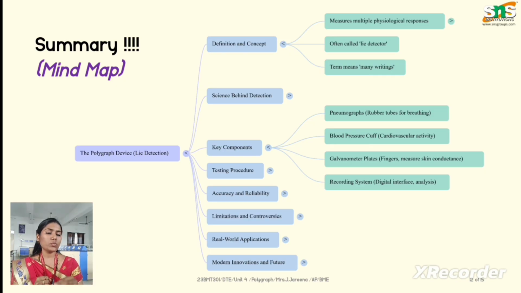First we discussed the definition and concept of the polygraph device, and the different physiological parameters we can measure with its help. We also discussed the key components and testing procedure, talked about accuracy and reliability, then discussed the limitations and controversy, and finally ended with real world applications and future scope of this polygraph device. So this is the overall mind map of the topic which we discussed so far.